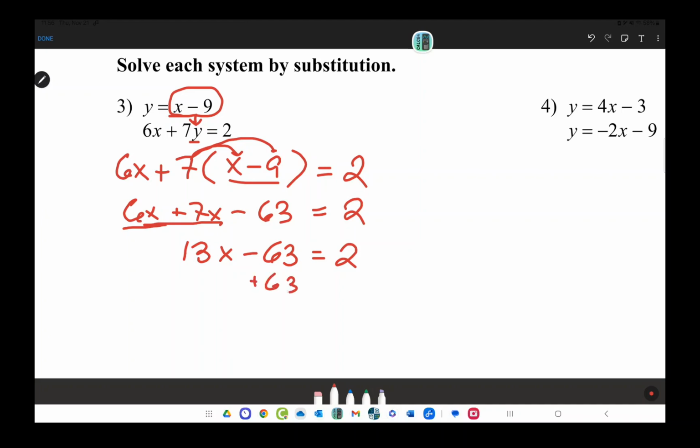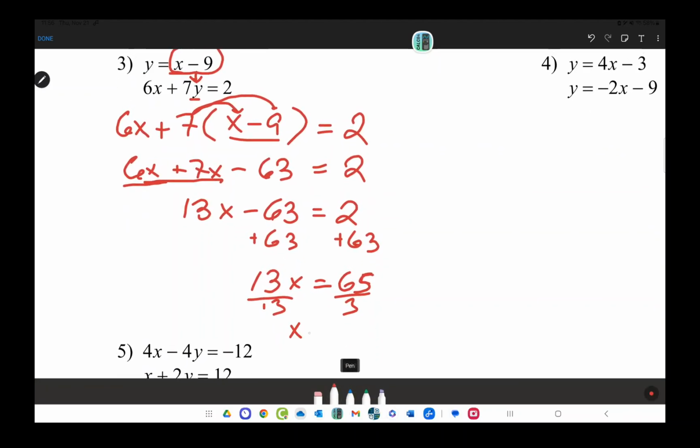Add 63 over. 13x equals 65. Divide by 13. x equals 5.